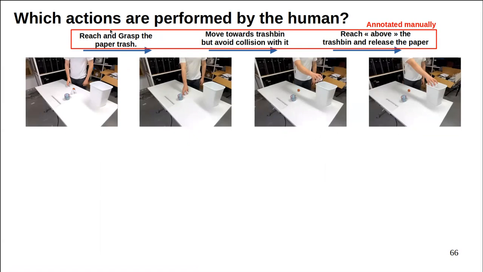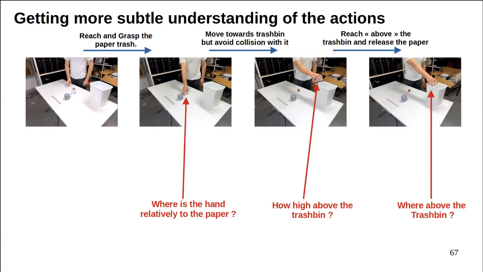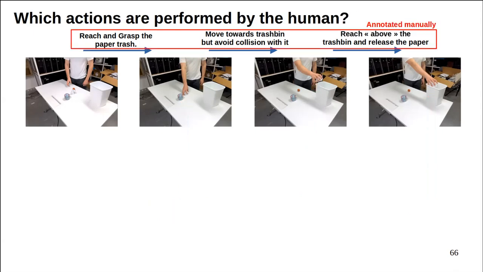First, the human operator is reaching the paper to grasp it. Then the operator is moving towards the trash bin, but above it to avoid collision with it. And then the operator is moving down to the trash bin in order to release the paper inside it. But we would like to understand this action in a more subtle way.